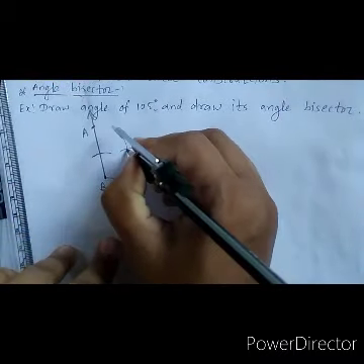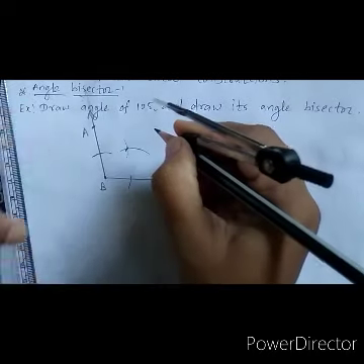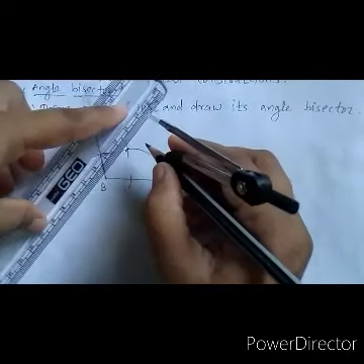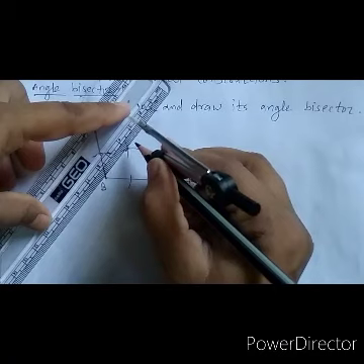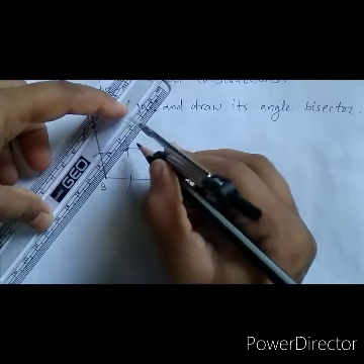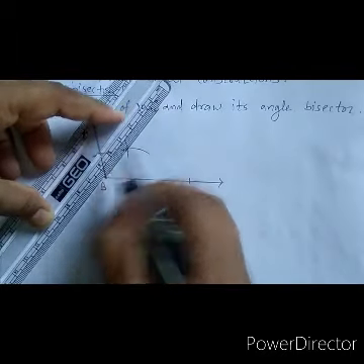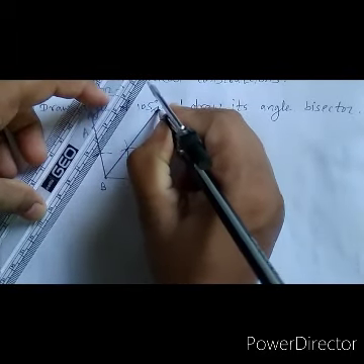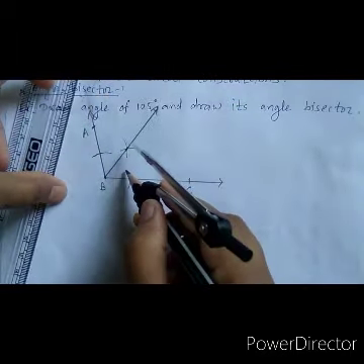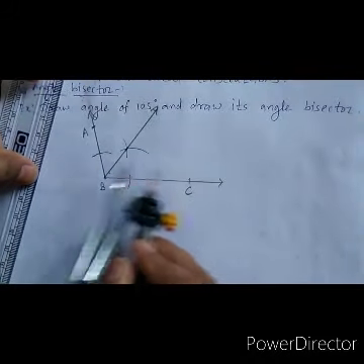Now we got the intersection point of these two arcs and now we have to join these 2 points, point B and the end point of these two arcs. Now we got the angle bisector of angle ABC.